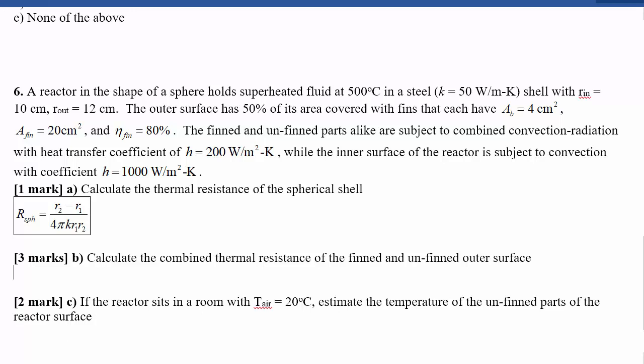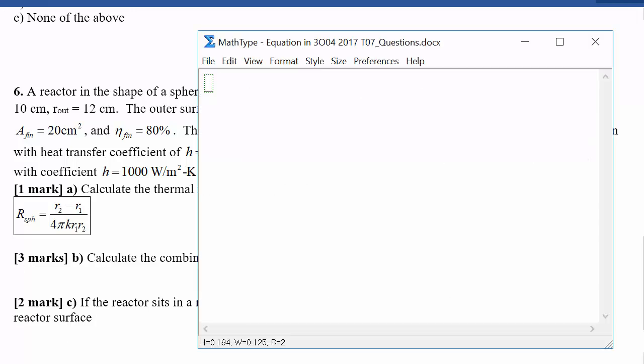So first of all, just from regular conduction, we've got R unfinned equal to 1 over h times A unfinned.